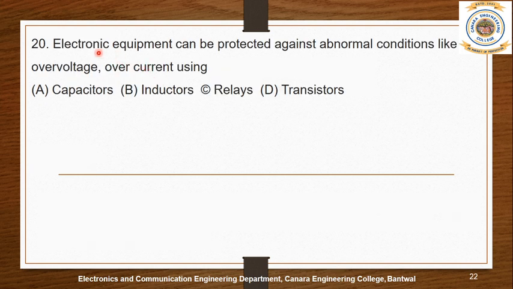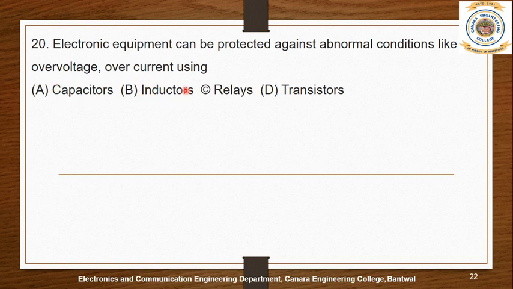Next, electronic equipment can be protected against abnormal conditions like overvoltage and overcurrent using capacitor, inductors, relay, or transistor. The function of the capacitor is to store energy in the form of electrostatic energy, so it is not a safety device.